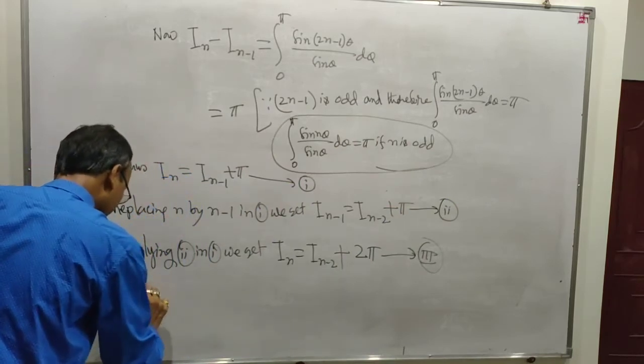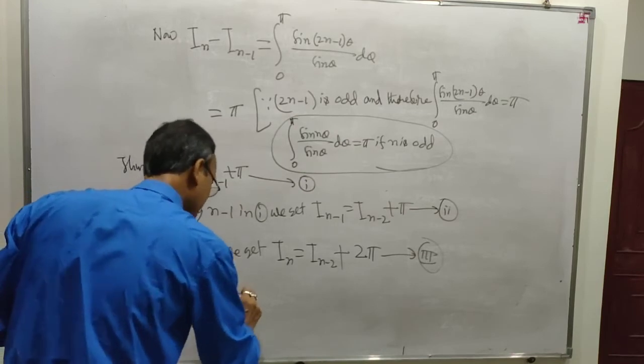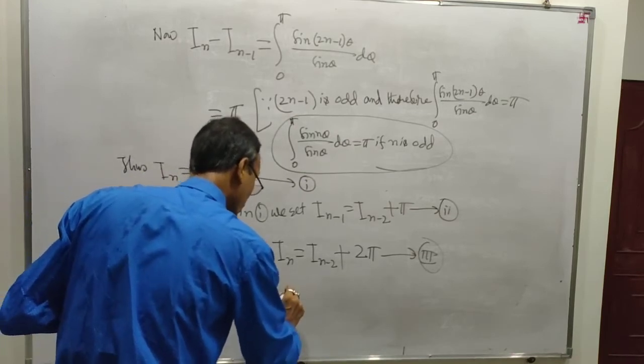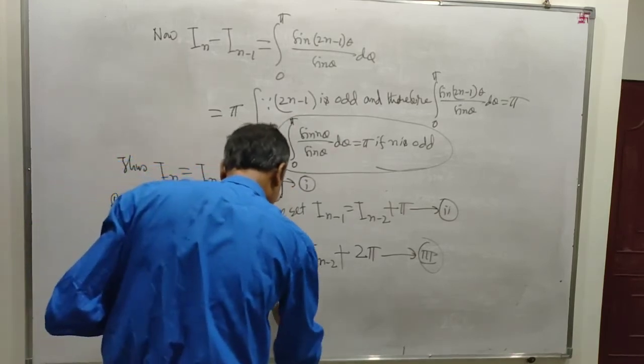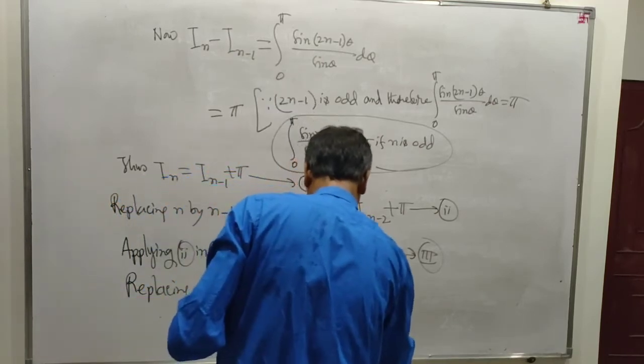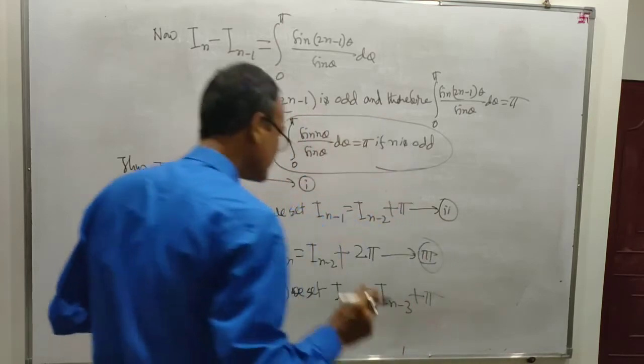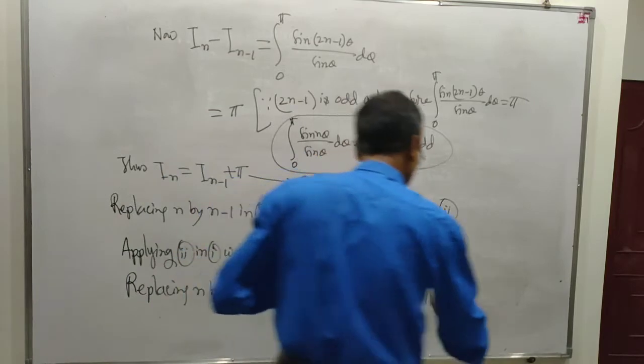Replacing n by n minus 2 in 1, we get I n minus 2 equal to I n minus 3 plus pi. Suppose it is number 4.